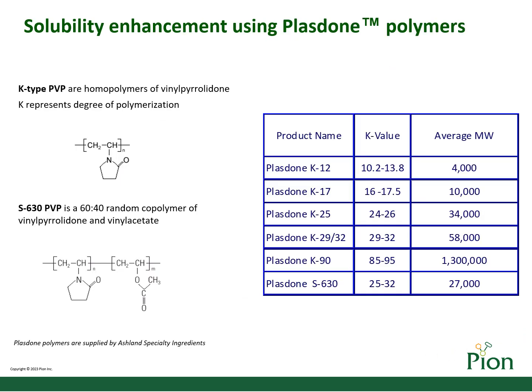Plasdones are homopolymers of vinylpyrrolidone that can interact with the drug by hydrogen bonds through the nitrogen or the carbonyl group of the pyrrole ring. We have used different K types of these polymers, where K represents the degree of polymerization. Another Plasdone used was S630, which is a copolymer of vinylpyrrolidone and vinyl acetate.